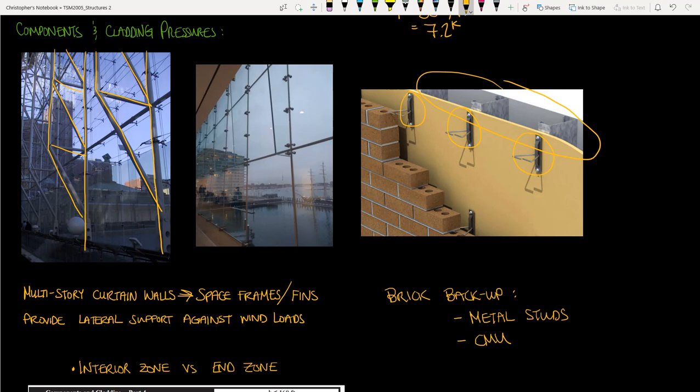For this course, we need to understand that these clips are here to transfer lateral loads to the metal stud wall. For transferring gravity loads, we will have a relieving angle somewhere else along the wall. Note that the stud wall could also be swapped out for a CMU backup wall for added stiffness and durability, but at the cost of more labor, materials, and increased weight.